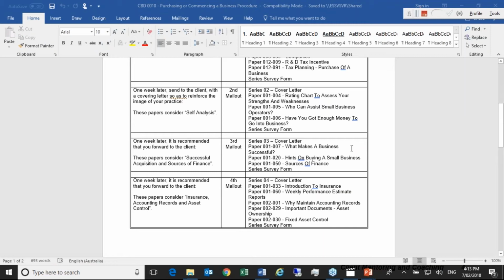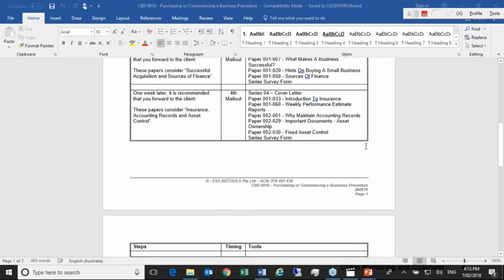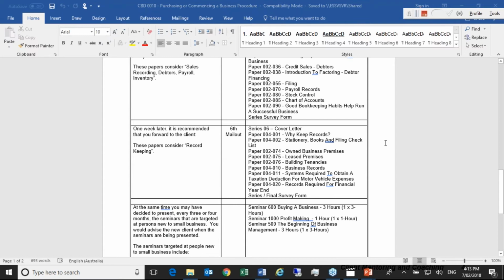We then look at what makes a business successful, hints on buying a small business, insurance, weekly performance estimates, why have accounting records. We then start going into working capital, credit sales, chart of accounts, bookkeeping. We then move into various aspects of record keeping.